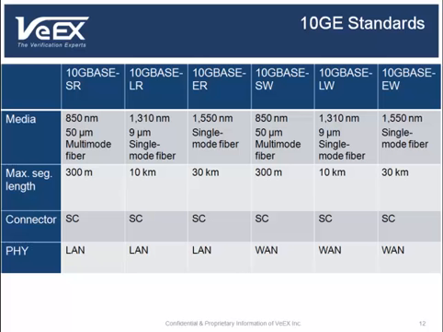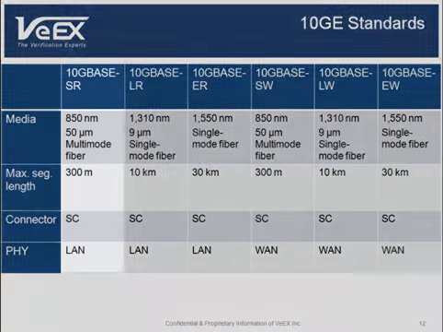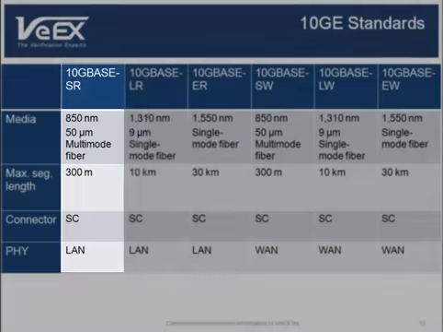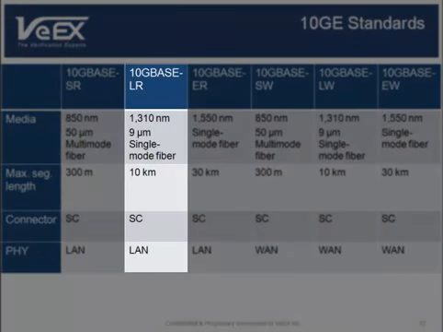The next three 10 gigabit Ethernet standards have a LAN physical layer. 10GBASE-SR, where SR stands for short range, uses 850 nanometer laser on multi-mode fiber, and it has a maximum segment length of 300 meters. 10GBASE-LR, where LR stands for long reach, uses 1310 nanometer laser on single-mode fiber with a maximum segment length of 10 kilometers.